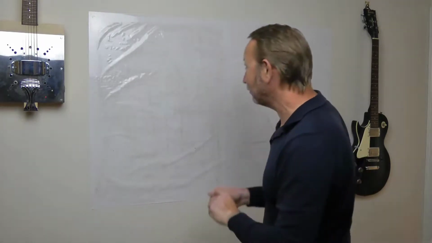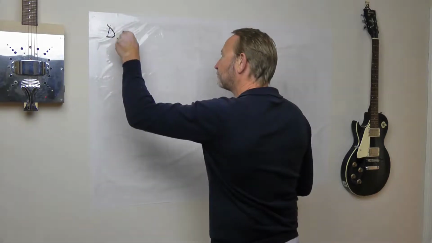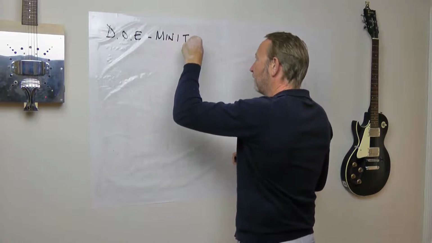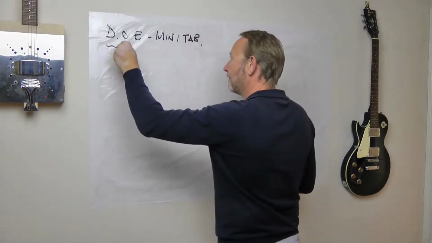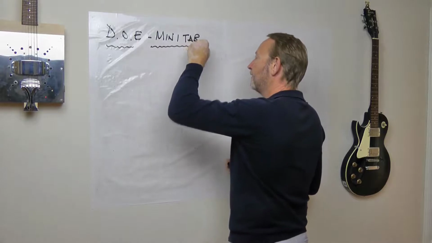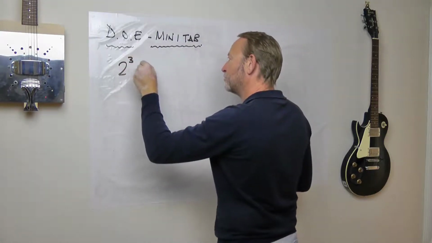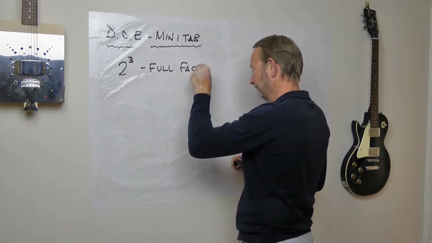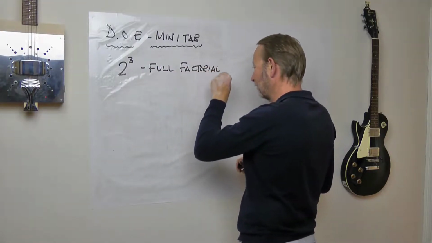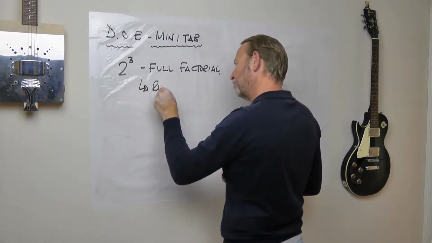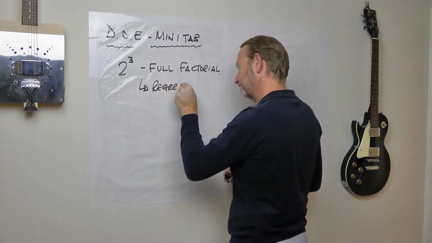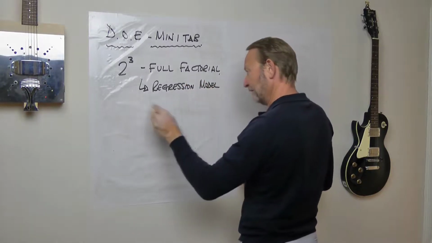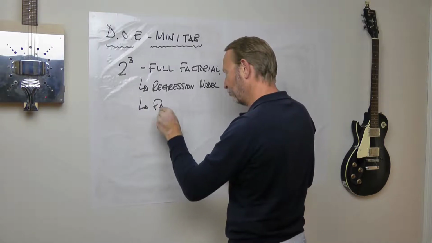So let's have a look. We're going to do DOE. We're going to use Minitab. Let's be clear, it's a 2 to the 3 full factorial. I'm going to create a regression model. I'm going to create a factorial plot.